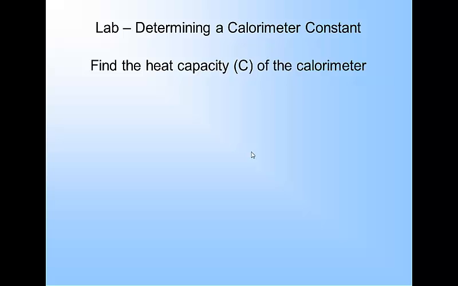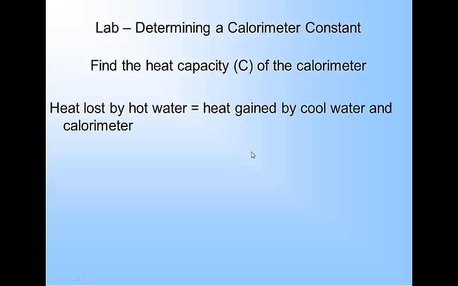So what we're going to do is, this is technically the pre-lab. So we're going to find the heat capacity of the calorimeter, aka our styrofoam cup. And what it is, the heat lost by the hot water is gained by the cool water and the calorimeter. Now again, first year chemistry, you stopped right here.